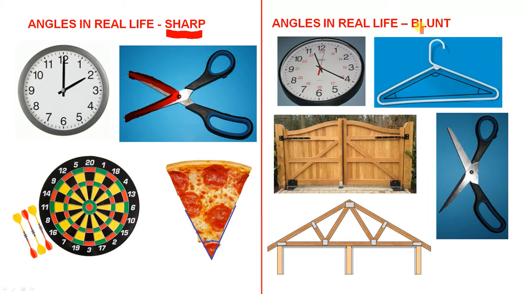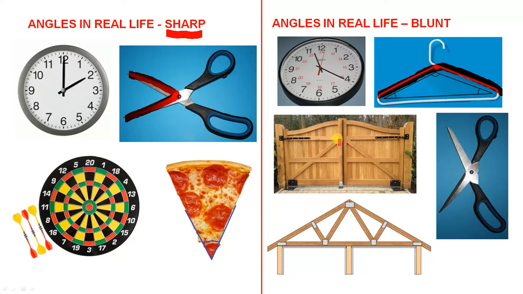The blunt angles in real life. If you look at this one, which is the hour hand and the minute hand, for example, what would that be? 20 past 11, that angle is a blunt angle. If you look at the coat hanger and you look at those two arms there, blunt angle. If you look at this gate, where this section here, that's like a brace.